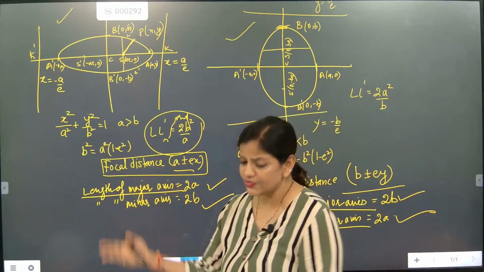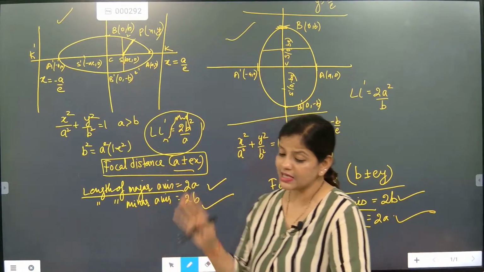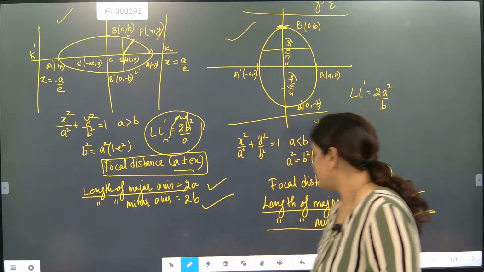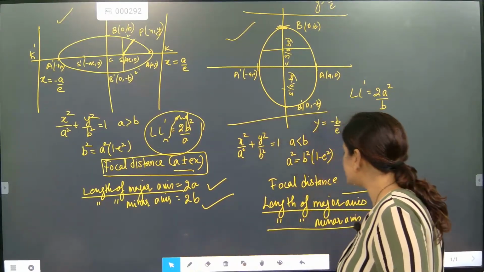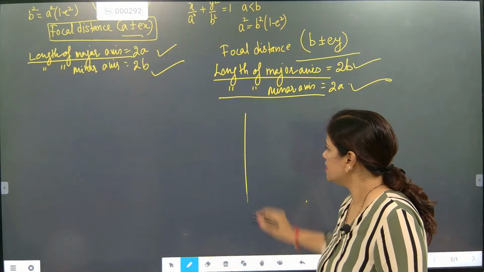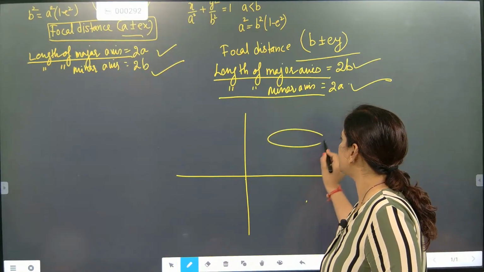If you want to shift the ellipse from the origin, see, as long as the ellipse is resting on the origin, the equation will be written like that. But the moment you wish to change the ellipse location, just understand this is the origin point and the ellipse is coming like this.